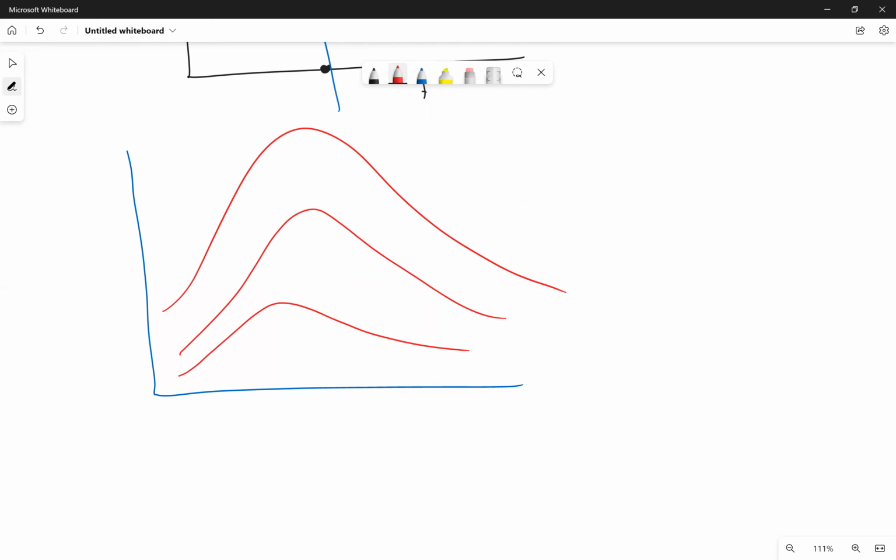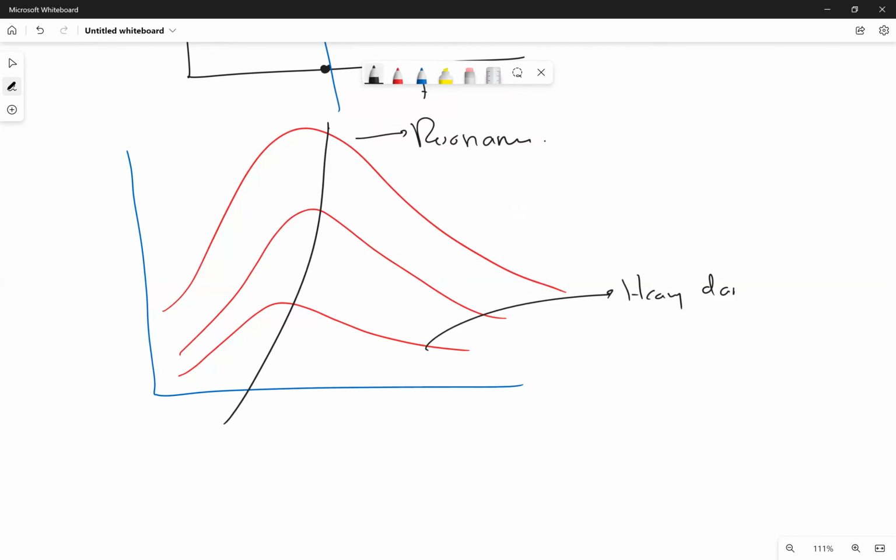Yeah, at the peaks of all the graphs. This is where resonance takes place. This is heavy damping. This is light damping. So the greater the damping, lesser the amplitude.